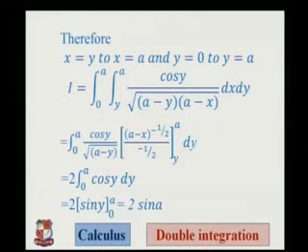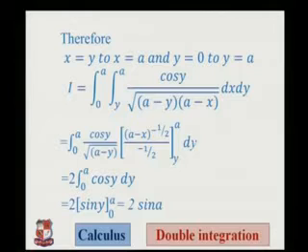So x runs from y to a, and y runs from 0 to a, and we can solve this integration of cos y upon under root of (a minus y) into (a minus x). Here y behaves as a constant, because first we are integrating with respect to x, so we take only the integration of the term containing x. The integration of 1 upon under root of (a minus x) will be (a minus x) raised to the power 1 by 2 upon 1 by 2, with upper and lower limits y to a.